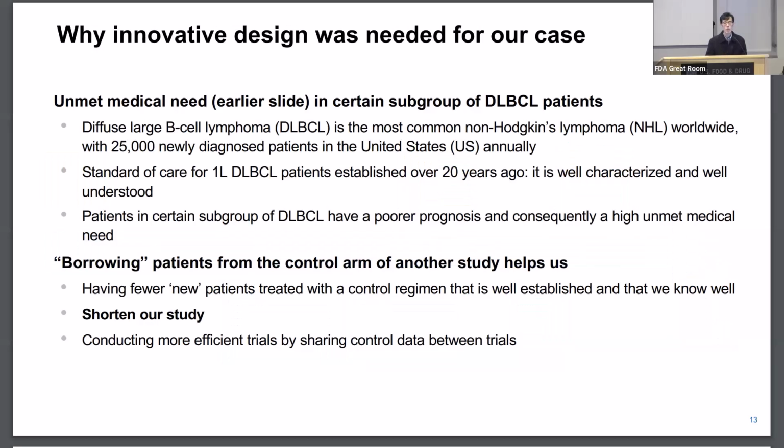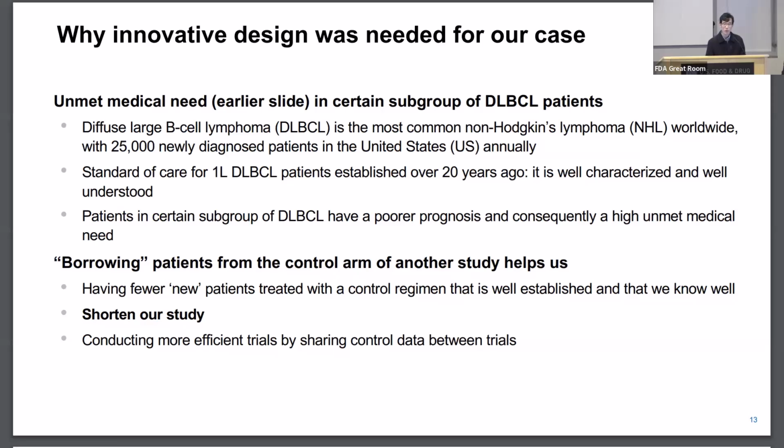Why was an innovative design needed for our case? Unmet medical need, as described earlier, in a certain subgroup of DLBCL was the case. DLBCL is the most common non-Hodgkin's lymphoma worldwide, with 25,000 newly diagnosed patients in the United States annually. The standard of care for first-line DLBCL was established many years ago and is well characterized and well understood.